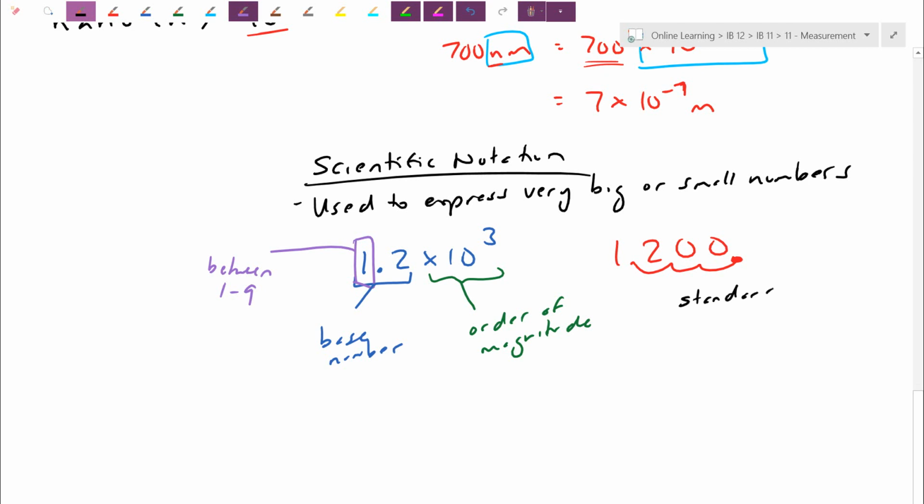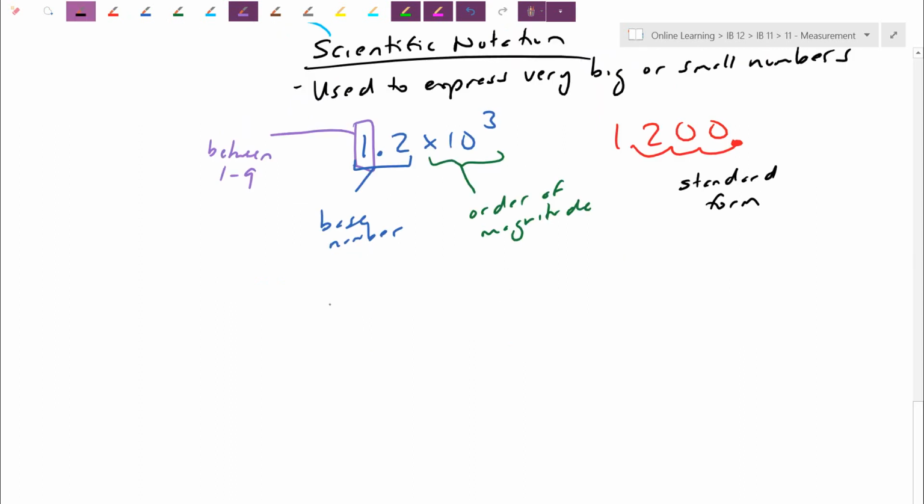Standard form is the way we typically write the number. You could also sometimes call scientific notation exponential form. If you see exponential form, it means write the order of magnitude as an exponent. It can also be used to write really small numbers. So it could be, let's say, 4.56 times 10 to the negative 7. We know the 10 to the negative 7 is a tiny number.